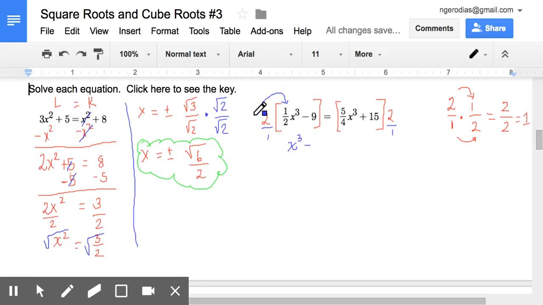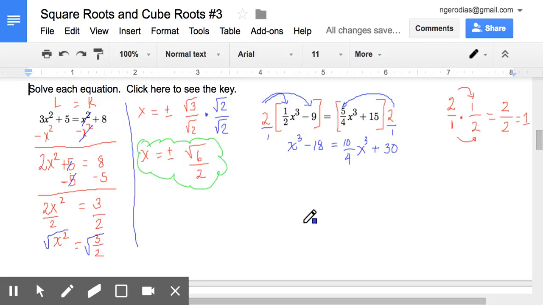Minus, now this is a whole number, so we'll just do 2 times 9. So 2 times 9 is 18 equals, now this time we will do 2 times 5, that's going to be 10, over 1 times 4 is 4, x cubed, plus 2 times 15 is 30.